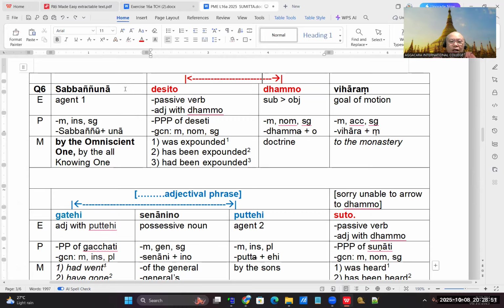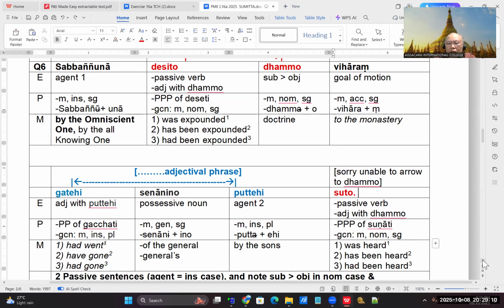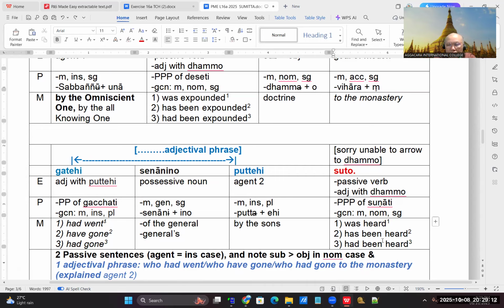So sabbannuna desito dhammo, this one is linked to each other. This Dhamma is explained by sabbannuna desito, and is linking with suto. Suto is the main verb here. So this by, the instrumental, and all these are extra cases, extra things. Heard by the sons. Now, whose son?